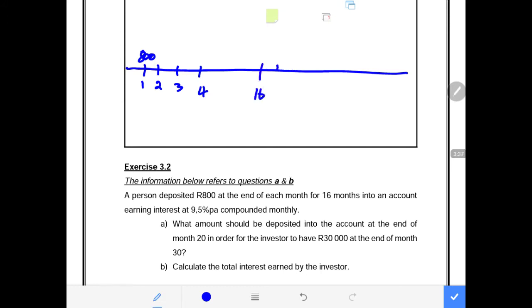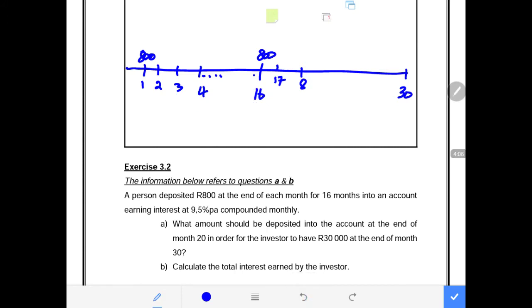So up to month 16, we paid an amount of 800. Now, from month 17, month 18, up to month number 30, there were no payments made, meaning there were no regular payments. We only paid 800 from month 1, 2, 3, 4, 5, up to month number 16.